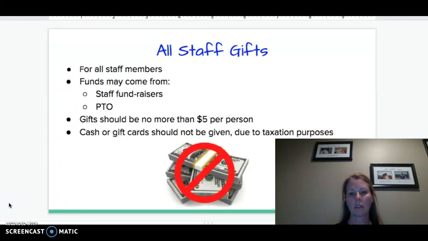For all staff gifts, it should just be just like that. It should be for all staff. The funds may come from staff-funded fundraisers, PTO funds. The gift should be no more than $5 per person, and cash or gift cards should not be given because the individual receiving the gift could get taxed on that.